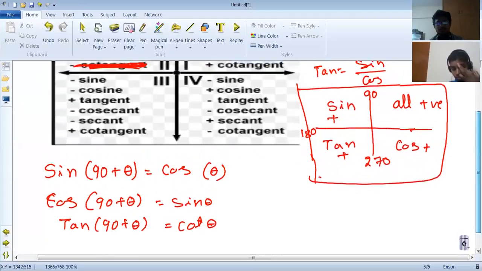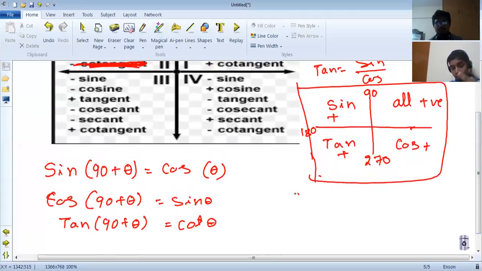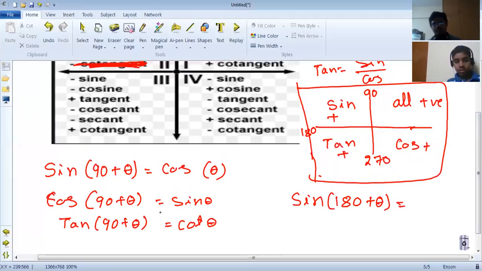For example, what is the value of sine of 180 plus theta? Whenever it is 90, the trigonometric function will change oppositely: sine will become cos, cos will become sine, tan will become cot.